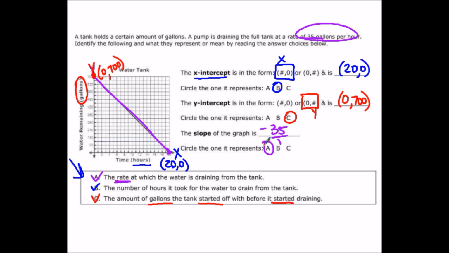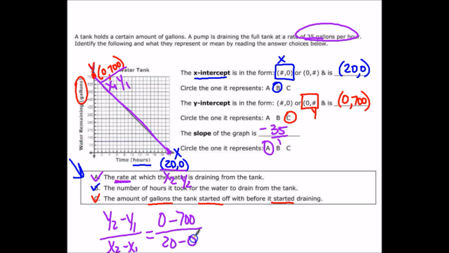Now, if we want to figure this out really quickly, you could just use your 2 points here and here. Let's calculate that out. I'm going to call this x1, y1, and call this x2, y2, just for fun. Let's put it in the formula: y2 minus y1 over x2 minus x1. My y2 in this case is 0, minus y1, which is 700, over x2, which is 20, minus x1, which is 0.